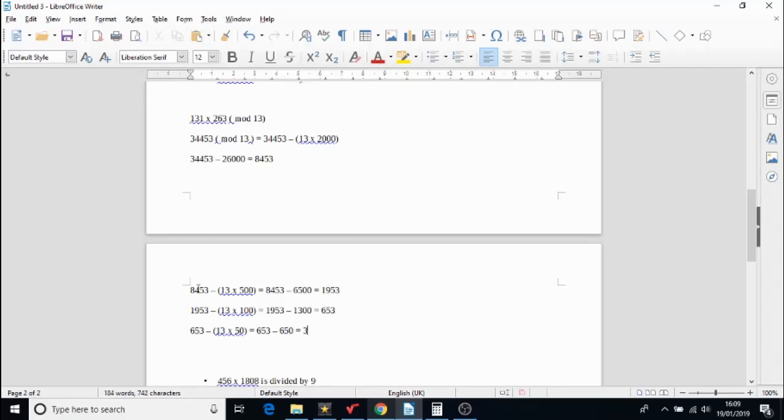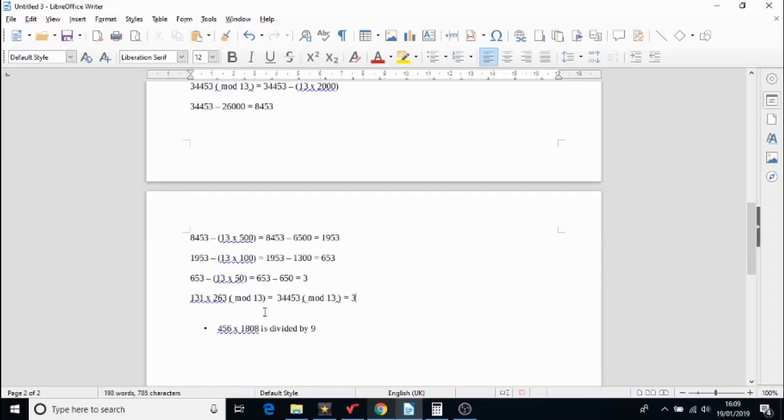13 can't go into 3 anymore. Therefore, your answer to 131 multiplied by 263 mod 13, which is the same as writing 34,453 mod 13, is equal to 3.